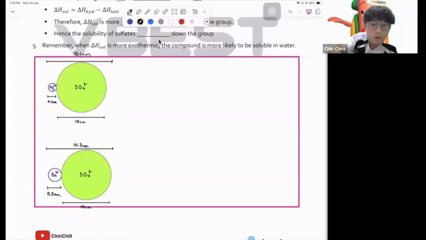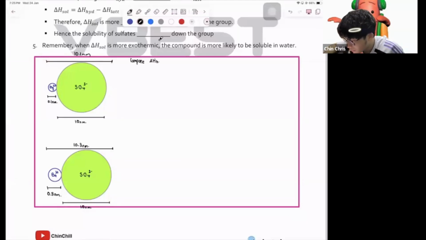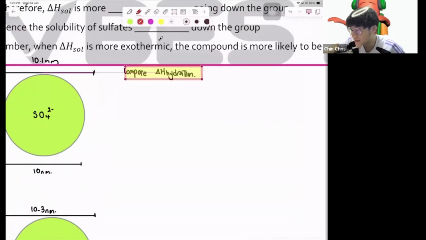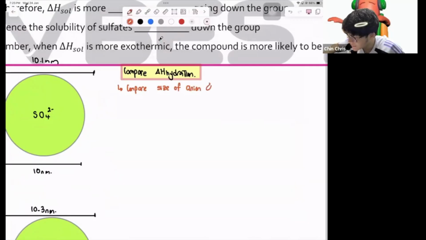Now, let's say if you want to compare my delta H hydration. I'm not so sure you know what your teacher is teaching next week. Do you know what delta H hydration is? For delta H hydration, what we are comparing is the size of anion and cation separately.